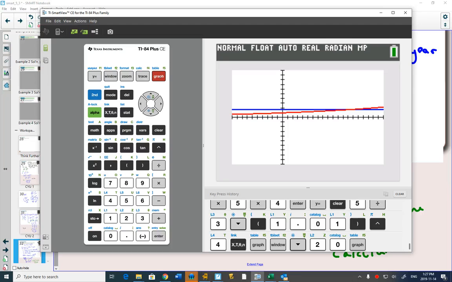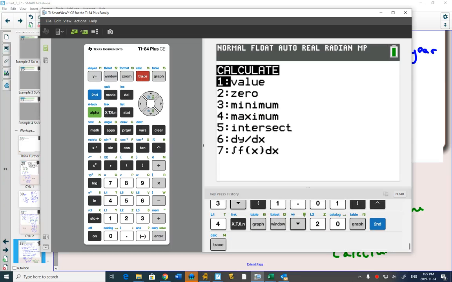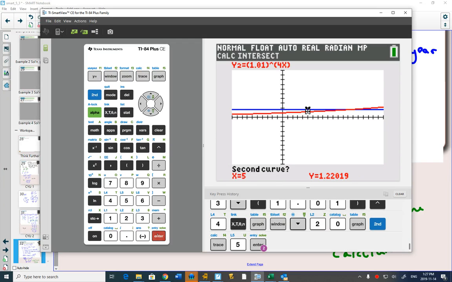Change my x max to 20. Now the two graphs intersect. So I can calculate, second, calculate the intersection, push enter 3 times, 12.8 years.